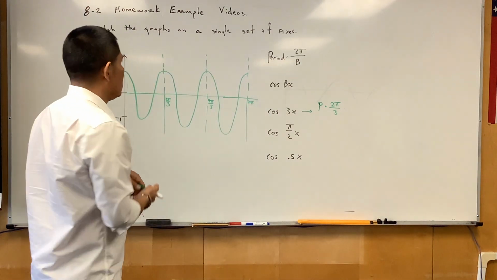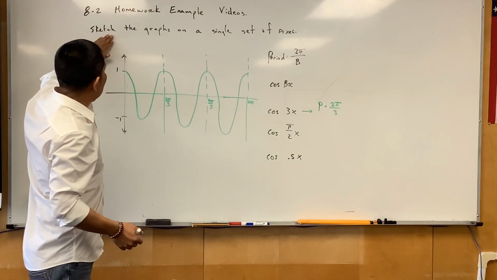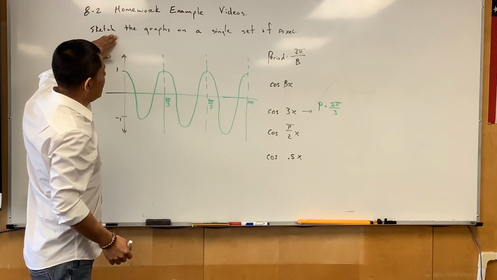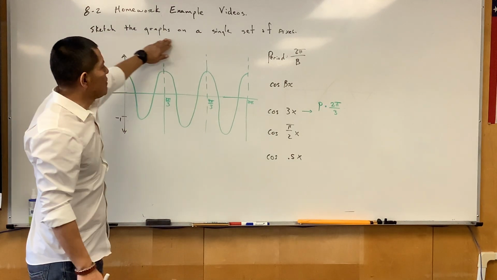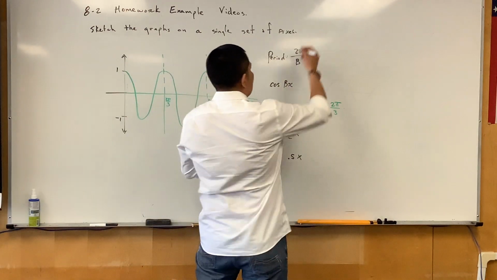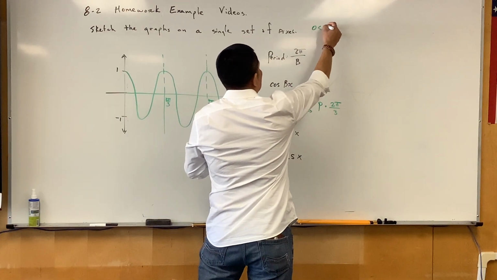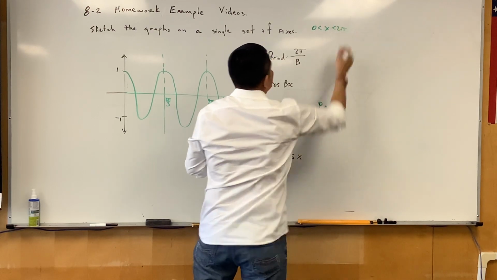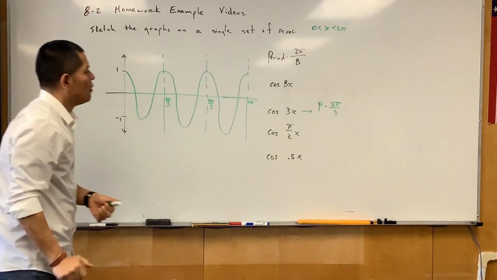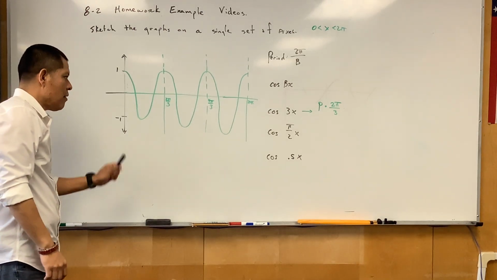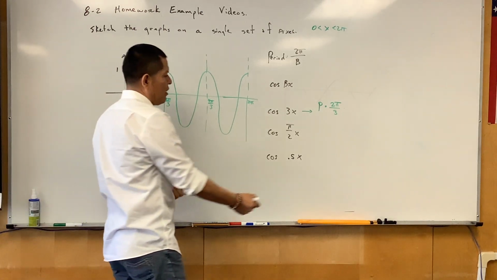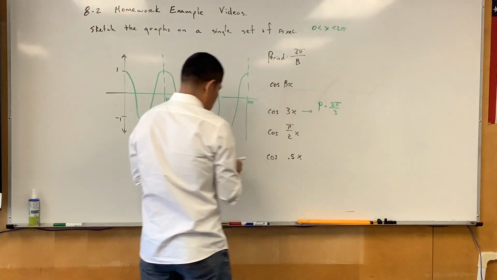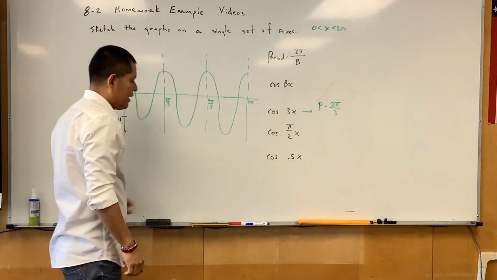Okay, so that's what our homework example directions will be. Sketch the graphs on a single set of axes for the values between 0 and 2 pi. Now we look at the cosine of pi halves x.